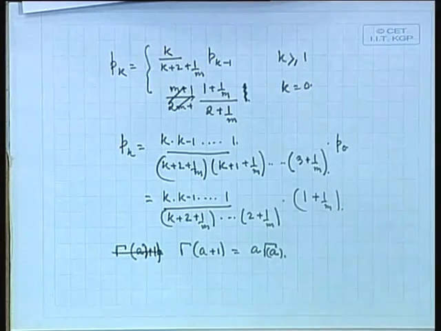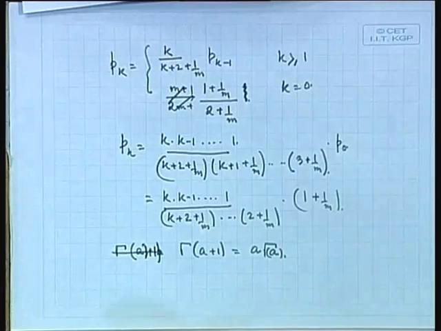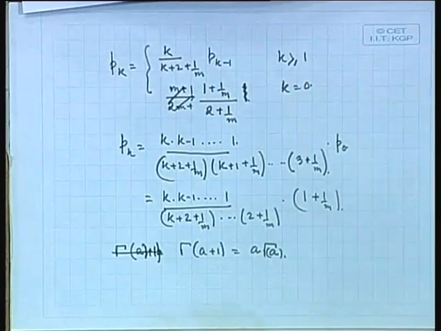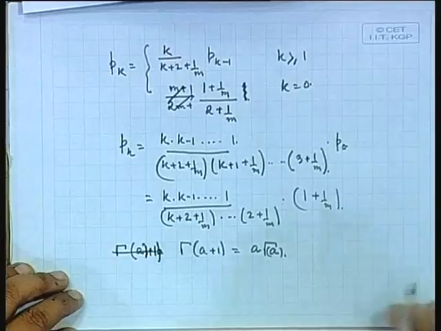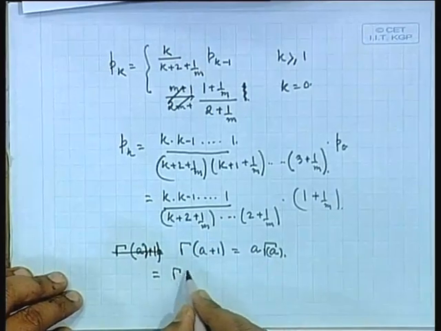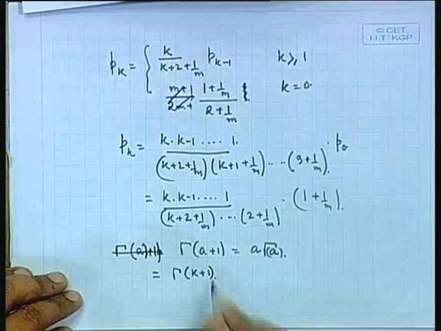It shows some sort of factorial behavior, but A need not be an integer. So, now can you see the above one becomes gamma k plus 1.